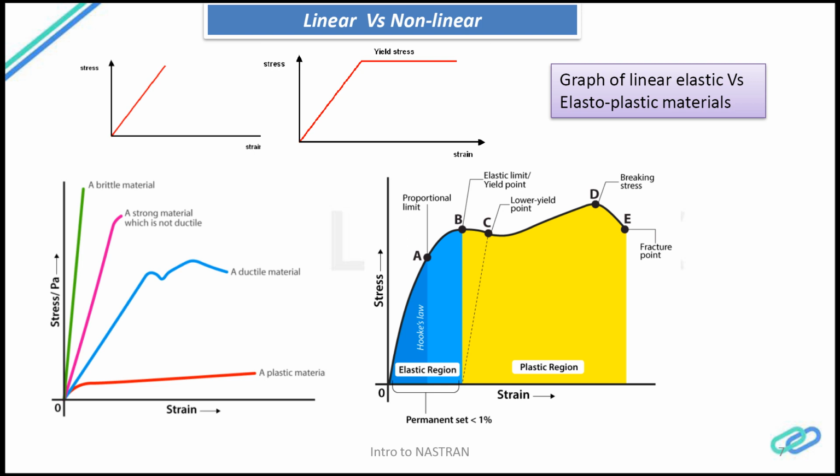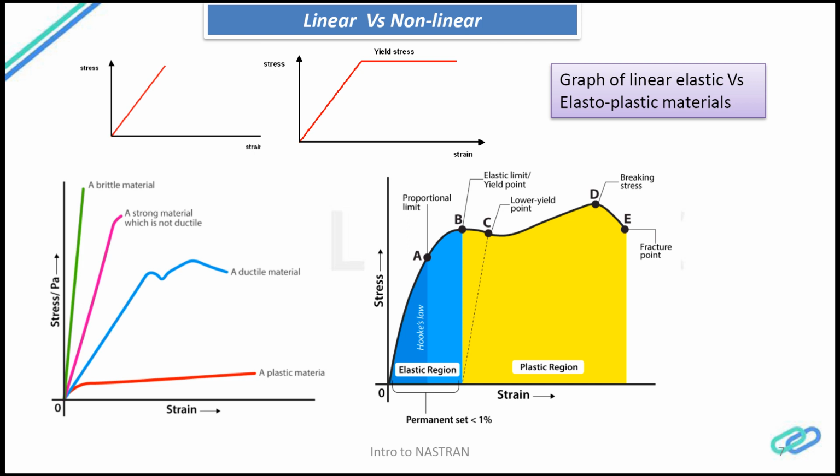Then comes the upper yield point, and after this it is fully plastic. It goes to the lower yield point, and then strain hardening, where for any increase in stress there is a large amount of strain in the material. Finally it reaches the ultimate stress, then necking, and finally it fractures.